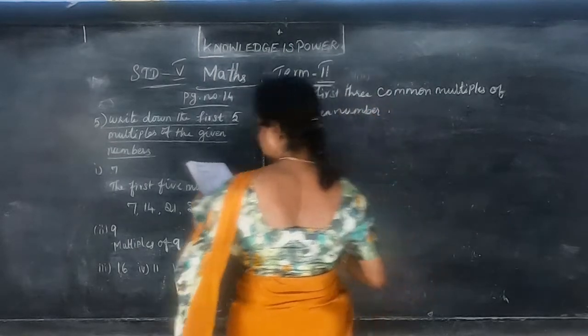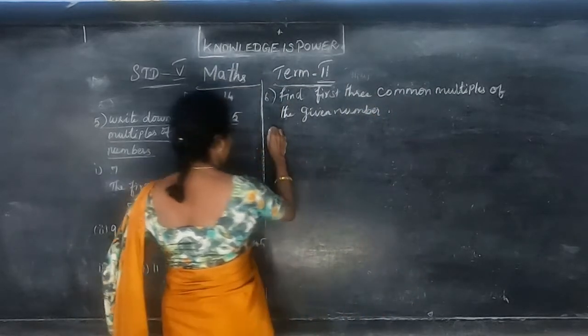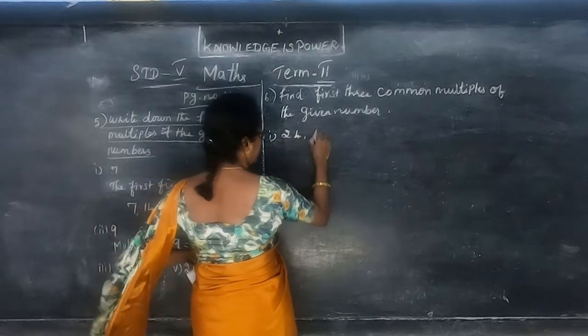Okay. So in this, they are given the first sum 24 and 16.